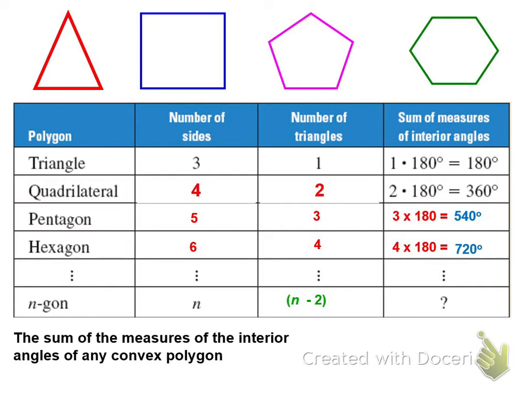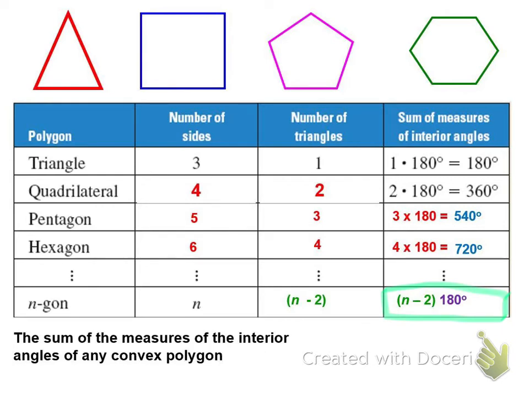So then the sum is going to be n minus 2 times 180. So n minus 2 tells me how many triangles there are, and each triangle is 180 degrees. I would take your highlighter and just highlight this box because it's the most important part of this lesson. N minus 2 times 180.